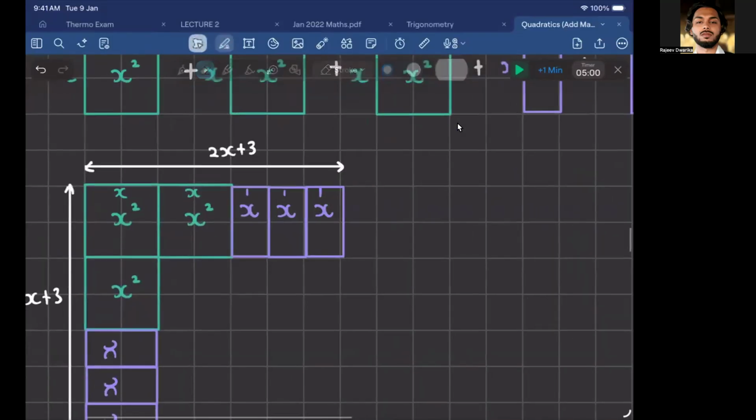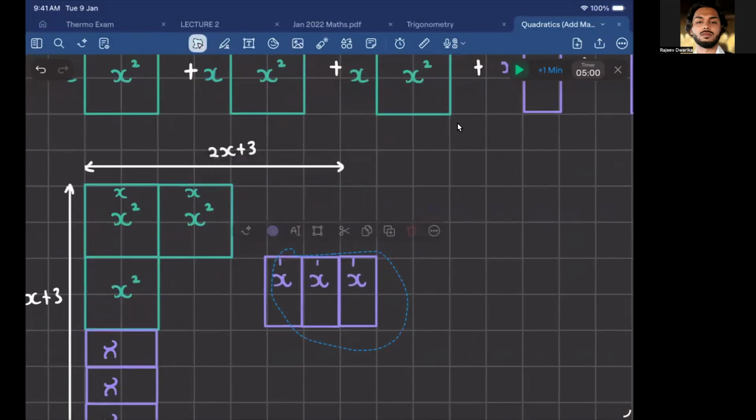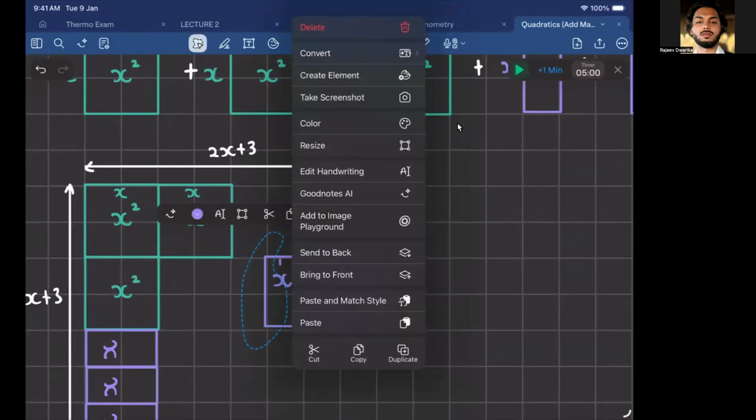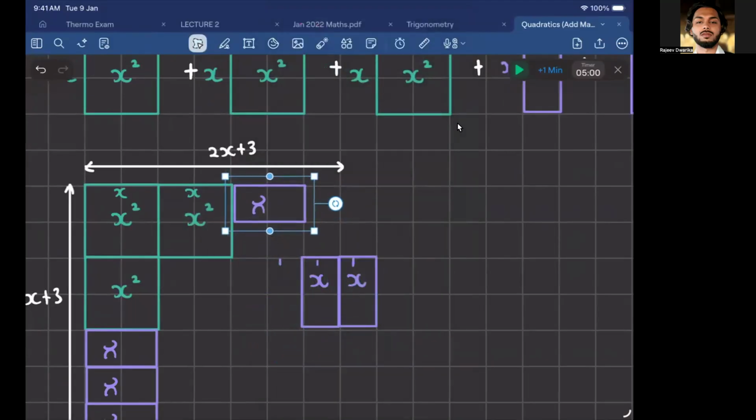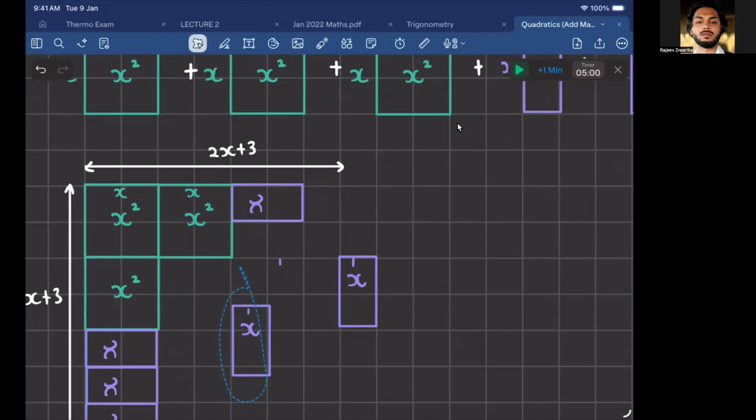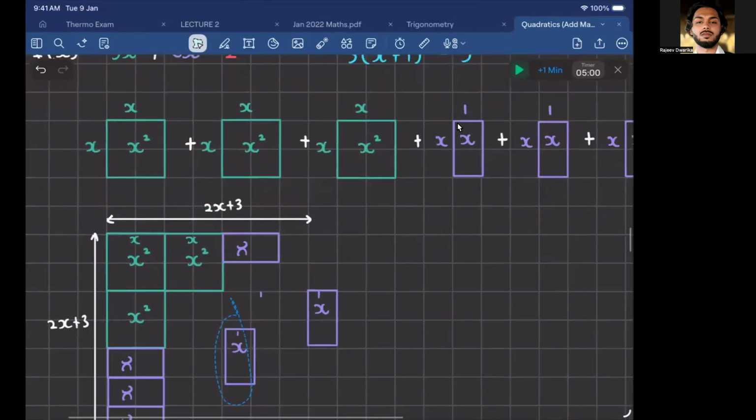Okay, so let me think. What's another way we could rearrange this thing? What if I do this? If I do that. I'm thinking.